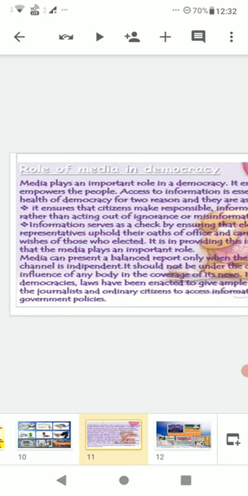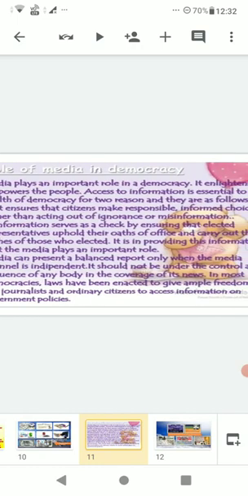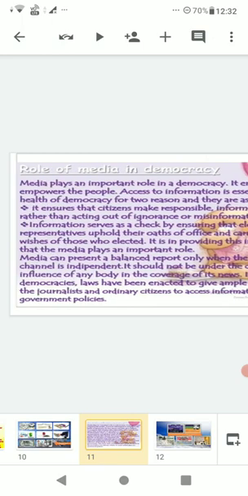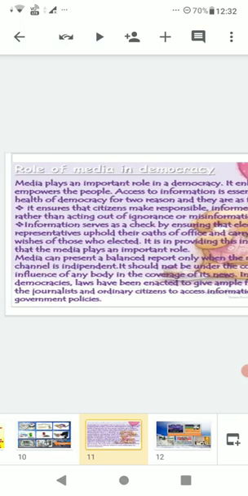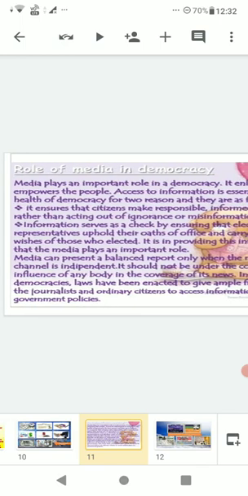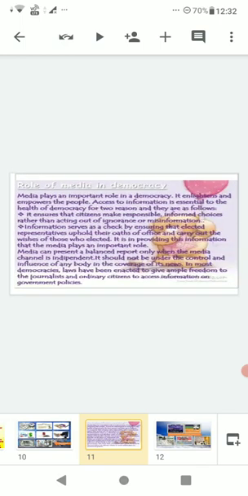In most democracies, laws have been enacted to give ample freedom to the journalists and ordinary citizens to access information on government policies. So in a democracy, we can say that the media plays a very important role in providing news and discussing events taking place in the country and the world.